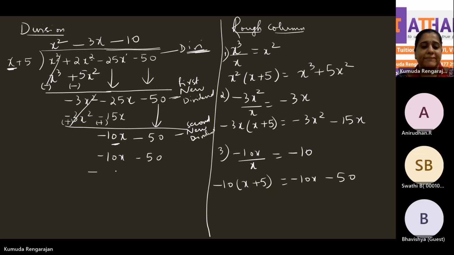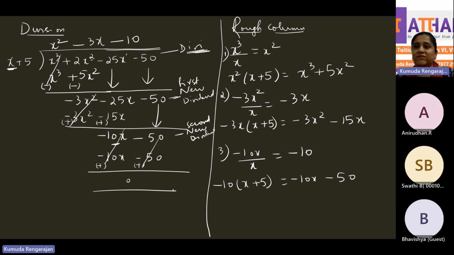Correct? Change the signs. Minus 10x plus 10x, 0. Minus 50 plus 50, 0. So we say that the dividend is a multiple of the divisor, or the divisor is a factor of the dividend.